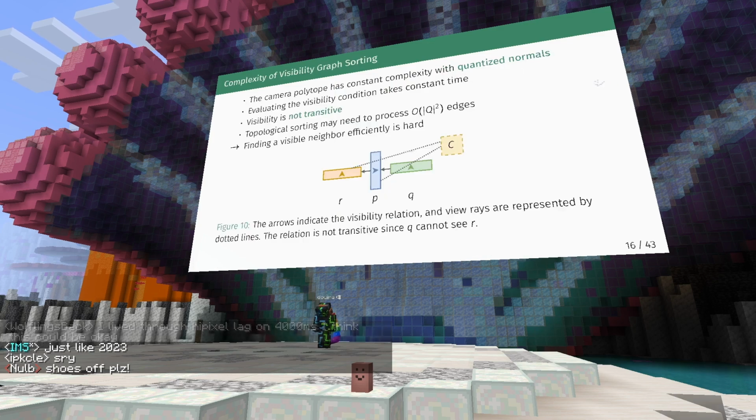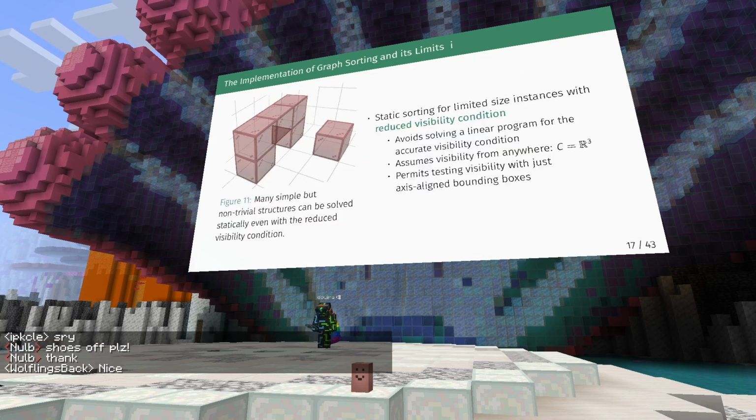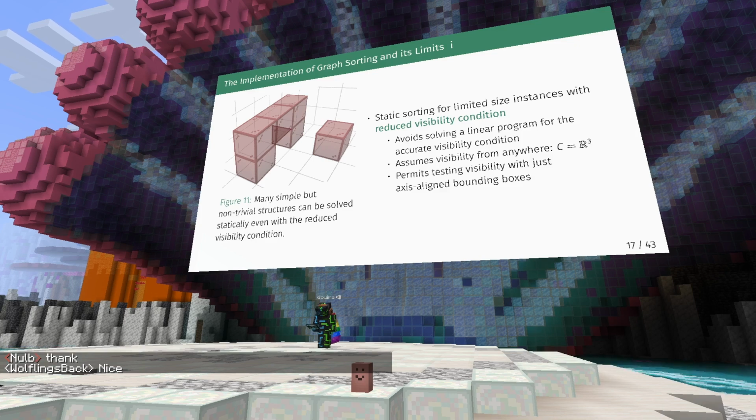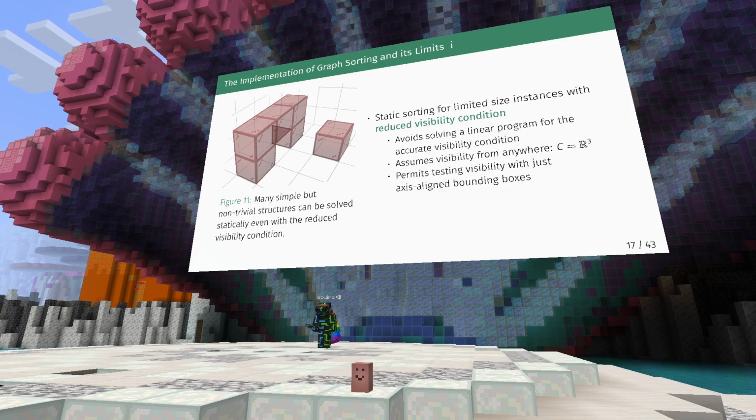So what happens is we instead use the reduced visibility condition, which is where I'm not solving the linear program and I'm just assuming the visibility can come from anywhere. We're not going to limit it to the camera polytope, actually. And this still works. It doesn't always work, but it works in a lot of cases.